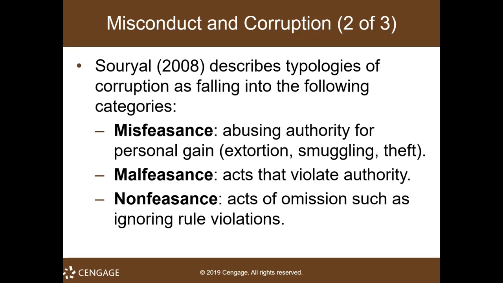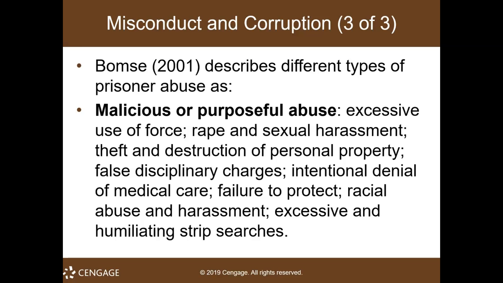Malfeasance would be acts that violate authority. And then nonfeasance would be acts of omission, such as ignoring rule violators. When we talk about acts of omission, basically not doing what you should be doing. Again, we'll go into these in a little bit more detail.